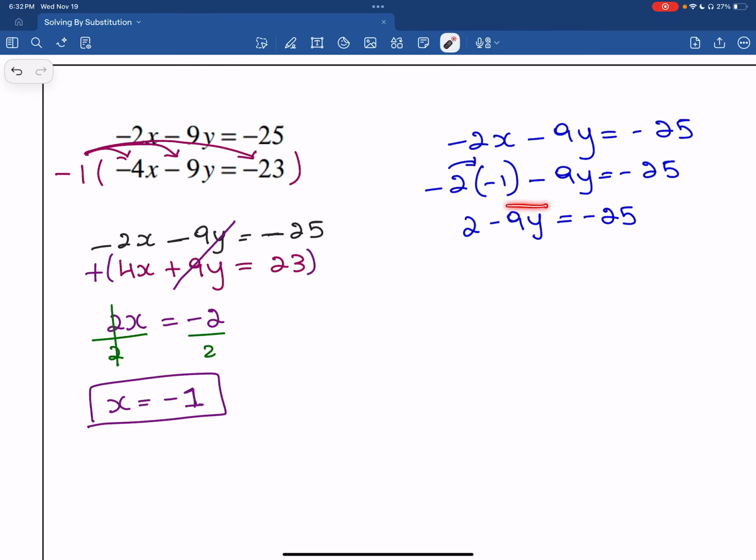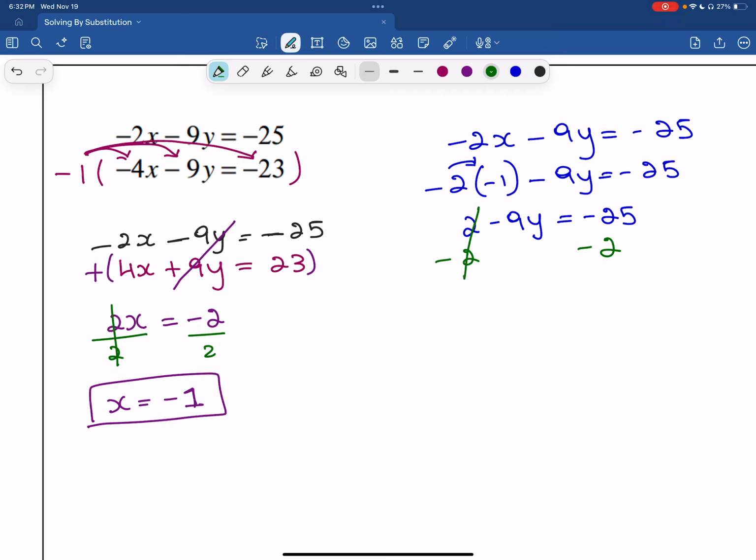I need to get this -9y by itself, so I'm going to move the 2 over. We do the opposite, so I'm going to subtract 2 from both sides. This will cancel, and we're left with -9y equals -25 minus 2 is -27.